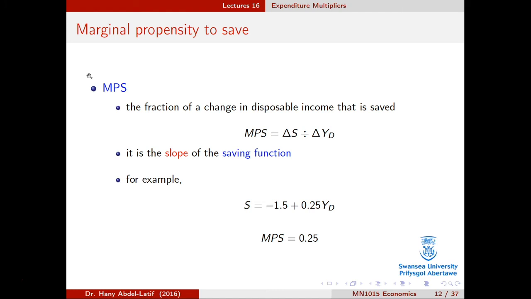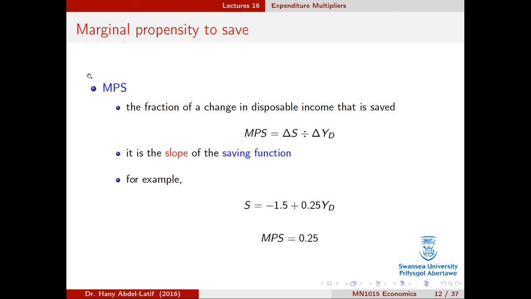It would complement this, because as I said, there's no third option. Your income goes between consumption and savings. So the marginal propensity to save in my example is 20%, given that you spend £80 of the increase in your income and you save £20.